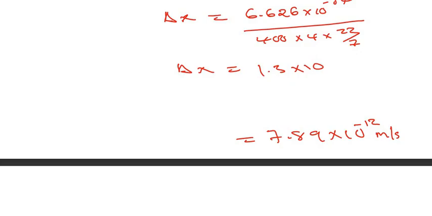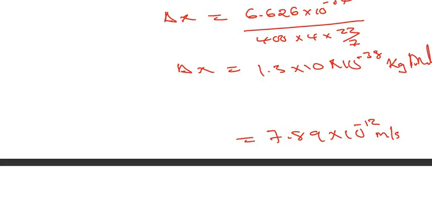So the first answer I got, the uncertainty, is 1.3 times 10 to the power negative 38. The units of uncertainty, this delta x, the position, is always given as kilograms, then meters. Right, this is what you have, meters per second.